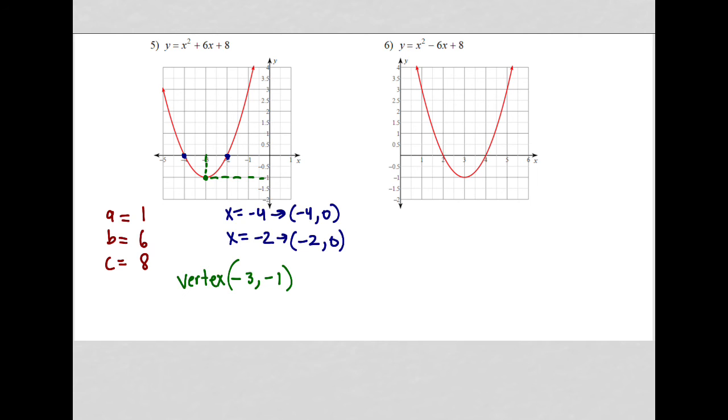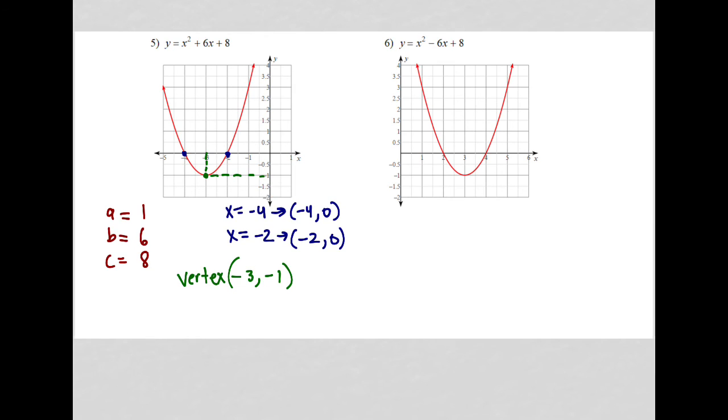And that's that. So then last example here. Again, we're doing the same stuff, folks. So we're finding our A, B, and C. All right, so we got a 1 there.